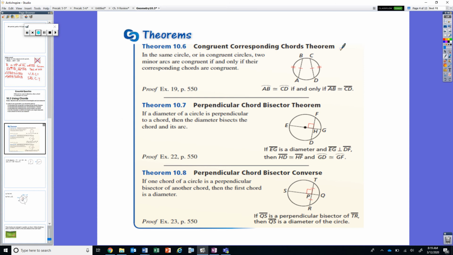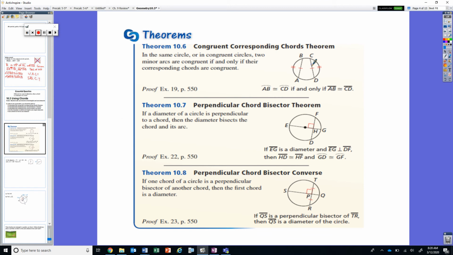Now the good news is that these are kind of what I call common sense theorems for the most part, which ultimately says that if you have two congruent chords, like you see in this example here, AB and DC, these are congruent chords. The segments in and of themselves are equal in length.